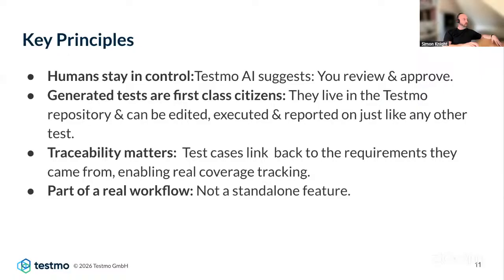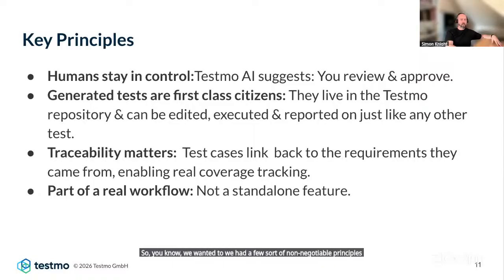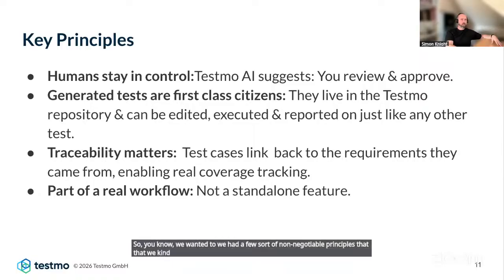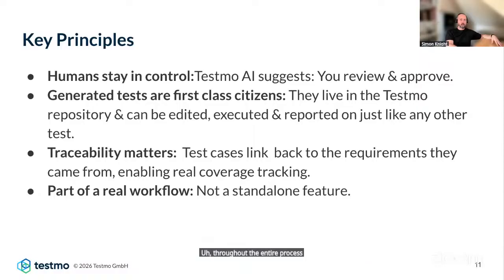So we had a few non-negotiable principles that we baked into the AI feature from the outset. We wanted humans to stay in control throughout the entire process, with our AI suggesting test cases. However, you are in complete control.